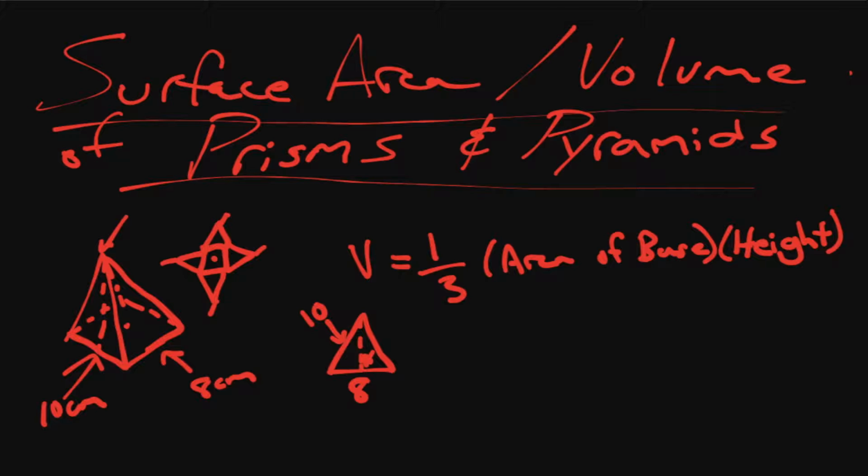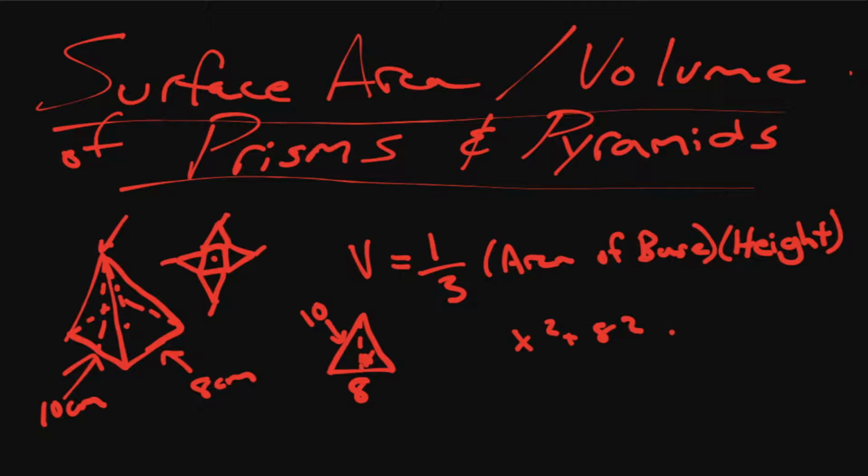x, but I can't see it. Anyways, x squared plus 8 squared equals 10 squared, which is x squared equals 100 minus 64. Oh, sorry. My mistake.